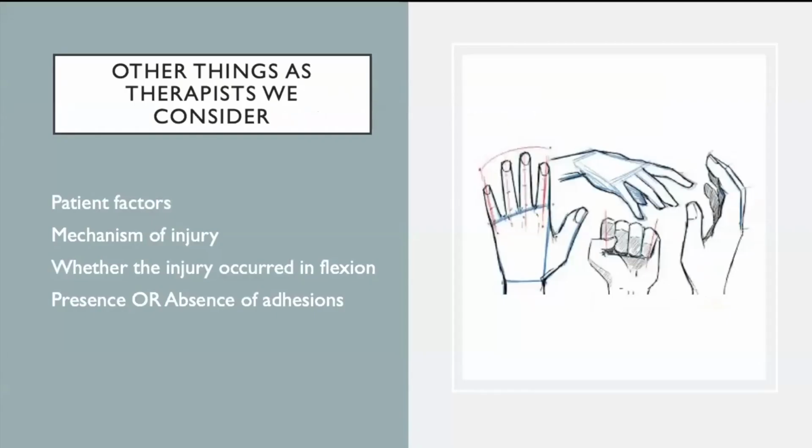There's some other things as therapists that we consider or aim to overcome. Patient factors such as their age, their health, healing potential, presence of comorbidities such as diabetes, etc., that may impact on wound healing, patient motivation or socioeconomic situation, their mastery and compliance issues, which Cam's talked about, which all have an impact.